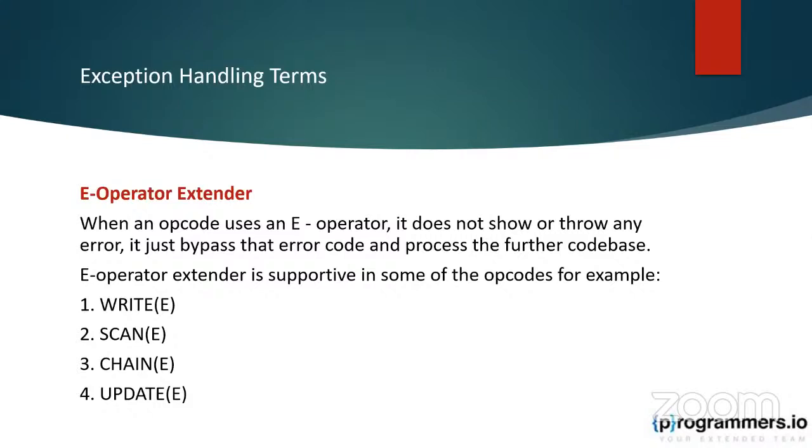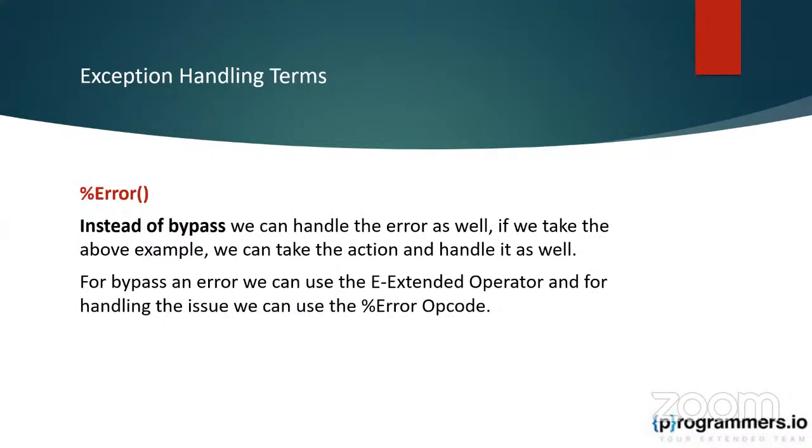But if we want to handle that error and catch those errors, in that case we can use %error. What %error will do, instead of bypassing the error, it will take action on that error and handle it, and we can display the information related to the error, like we got the error on that particular line.